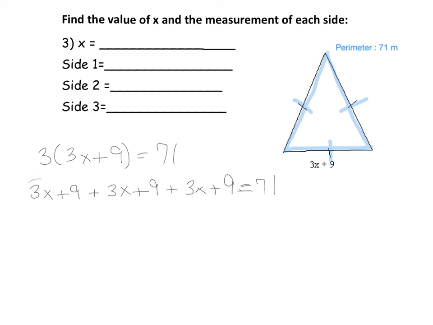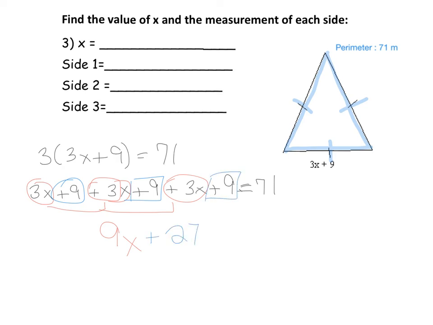So we combine our like terms. 3x plus 3x plus 3x is going to give me 9x. And 9 plus 9 plus 9 is 27. And the total perimeter is 71.